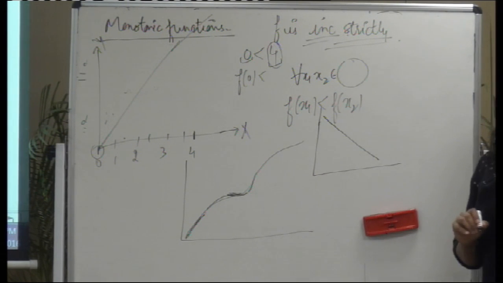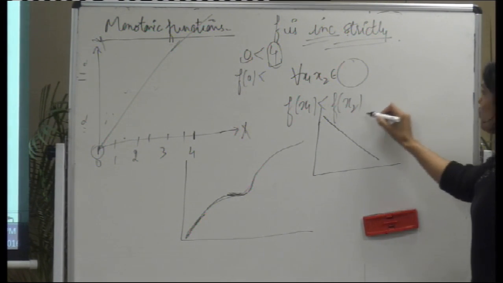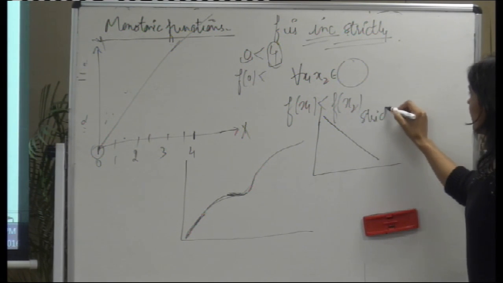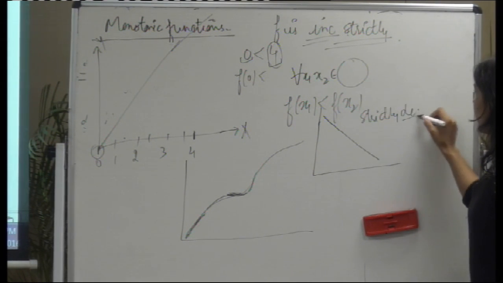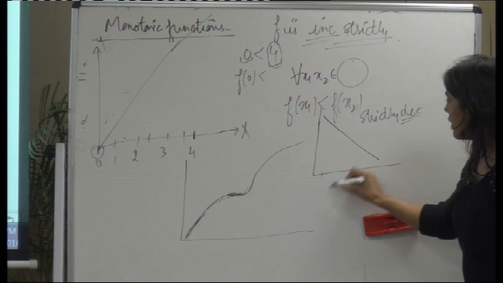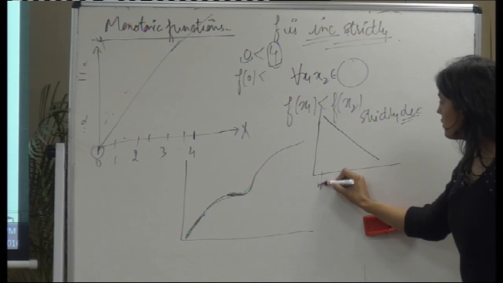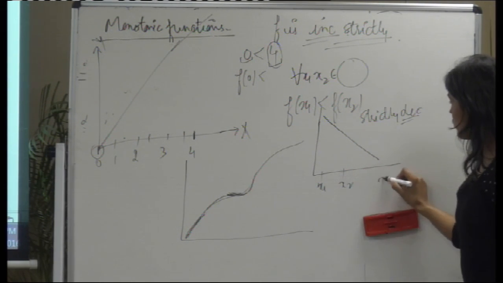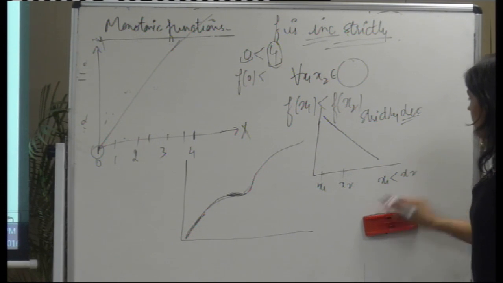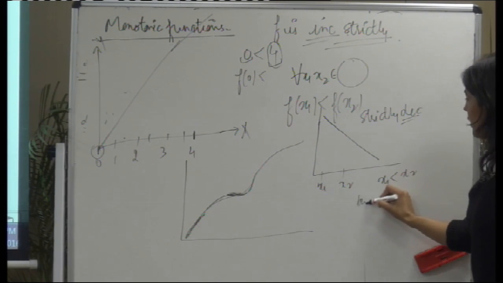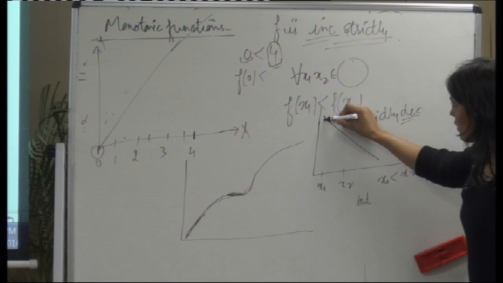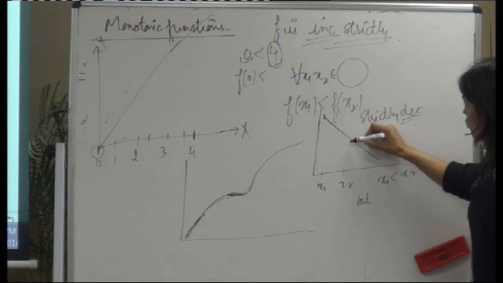What about this function now? This is strictly decreasing. Okay, because you are taking any point here. This is x1, this is x2. So x1 is less than x2, but f of x1 is this, which is bigger, and f of x2 is this.